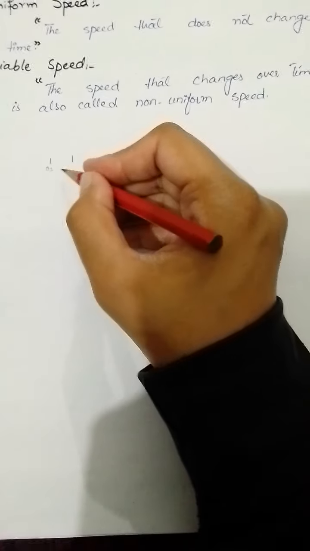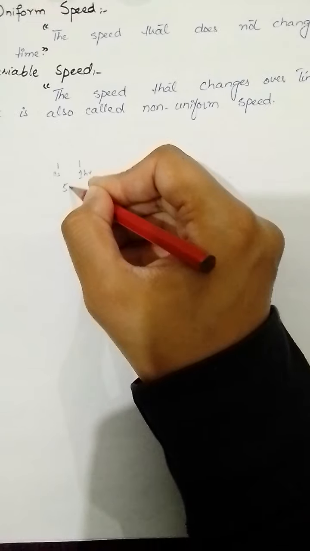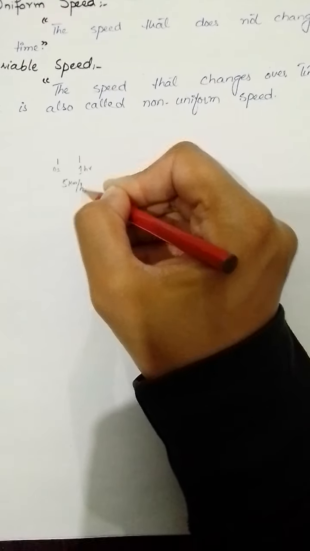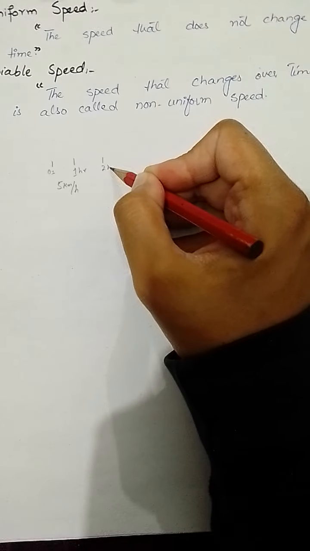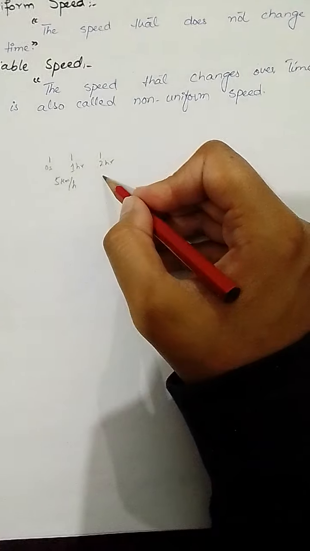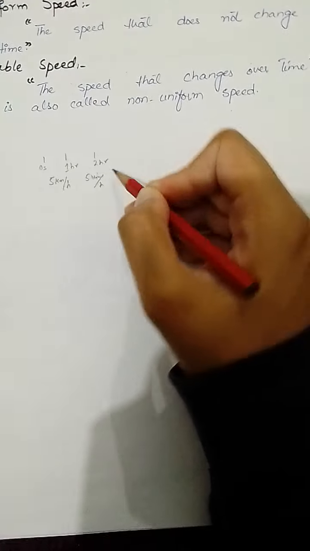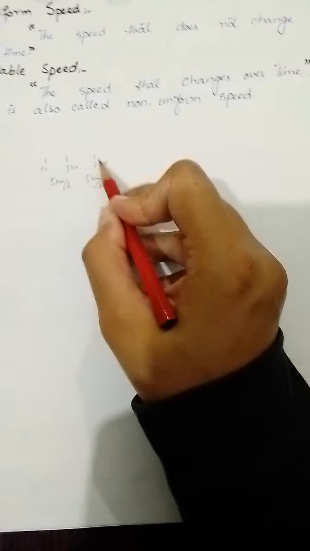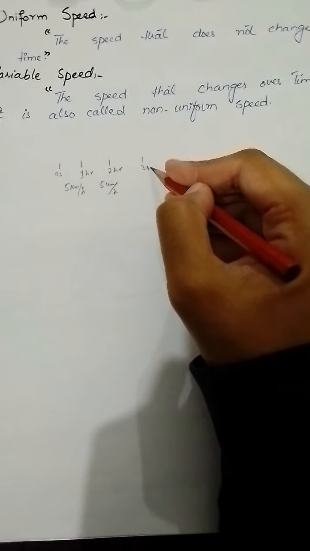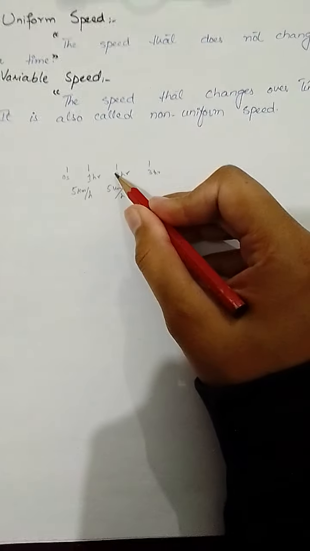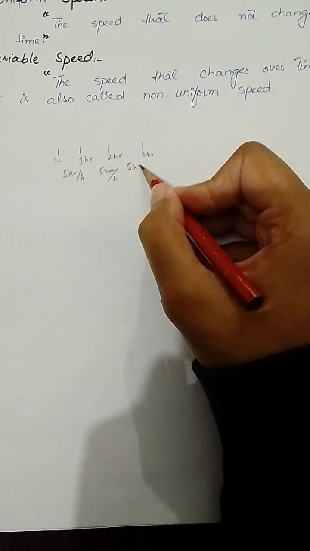So 0 seconds से उसने start लिया and 1 hour तक उसकी speed थी 5 kilometers per hour. ठीक है, after that 1 hour से लेकर 2 hour तक भी या 2 PM तक भी उसकी speed थी 5 kilometers per hour. In this case, the speed is not changing over time, right? चाहे हम लोग यहाँ पर 3rd hour या फिर 3 PM भी add कर लें, still 2 hour से लेकर 3 hour तक उसकी speed वही same रहेगी, constant speed है.